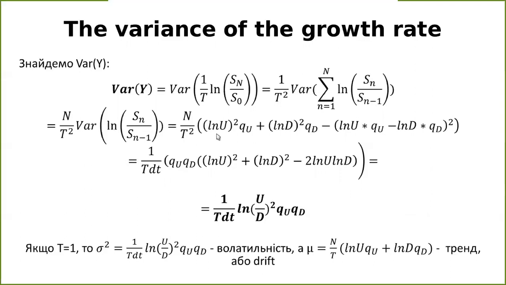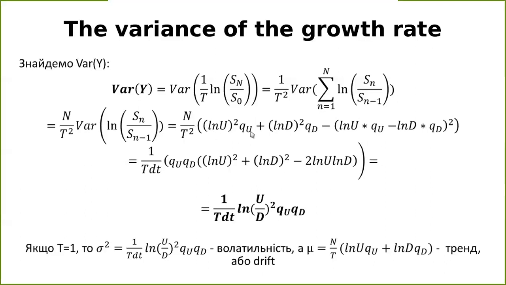And after that, if we find the square of this sum, it will be ln squared u and qu squared, and d squared, and minus the double product of these values. And you see that this will be ln u squared and qu squared.